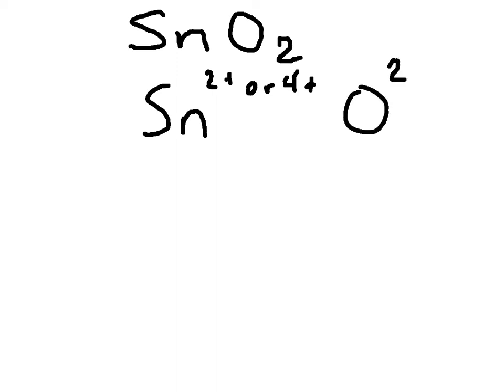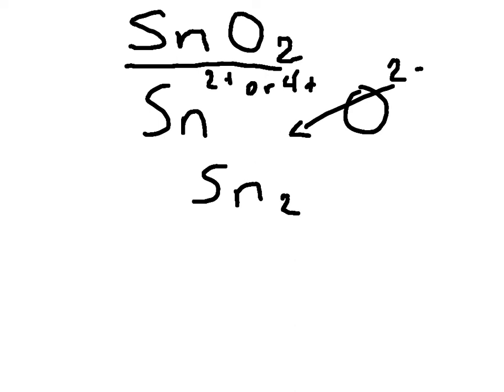Remember, oxygen had a 2 charge. So after crisscrossing, we should have a 2 next to tin because the 2 from oxygen is coming down. But notice in our formula up here, we do not have a 2 next to tin. So what does that tell me? It tells me that there had to have been a number over next to oxygen that would have allowed that 2 to reduce or cancel out. And if we look back at tin, our options are a 2 or a 4 crisscrossing.